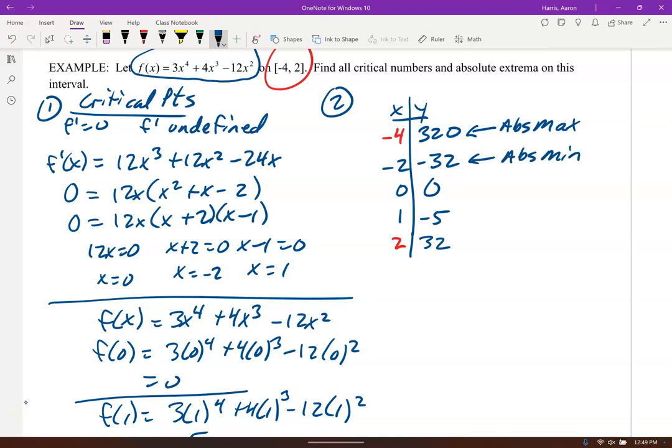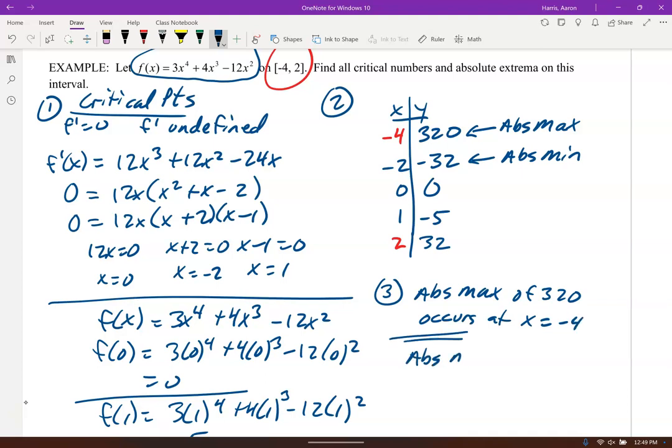Okay, so let's state it now. The absolute max of 320 occurs at x being -4. And then we have an absolute min of -32 that occurs at x being -2.